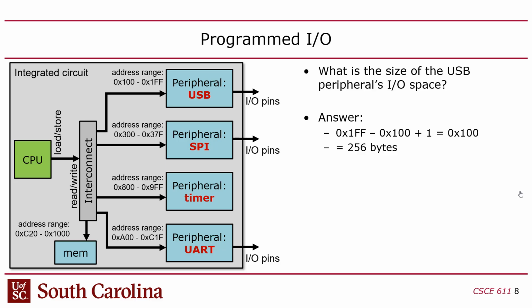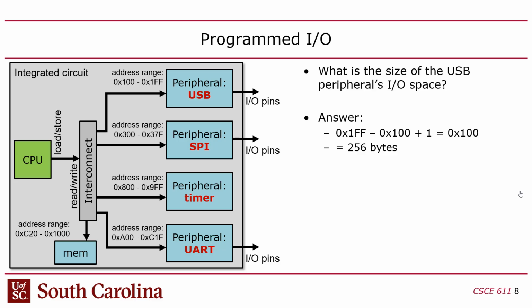Now, 256 bytes doesn't necessarily mean that you have 256 registers, because this slide, by the way, when I originally created it, was when we were using the 8-bit Atmel 328P. On the 8-bit Arduino, every register is 8 bits. All the I/O registers are 8 bits.